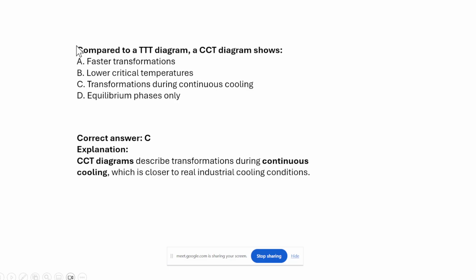Next, compared to the TTT diagram and the CCT diagram, what is the difference between both of them? Faster transformation, lower critical temperatures, transformation during continuous cooling, or equilibrium phase only. The CCT diagram describes the transformation during continuous cooling, which closely relates to industry cooling conditions.